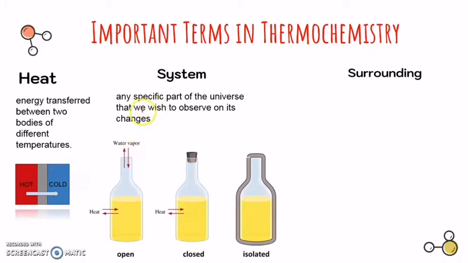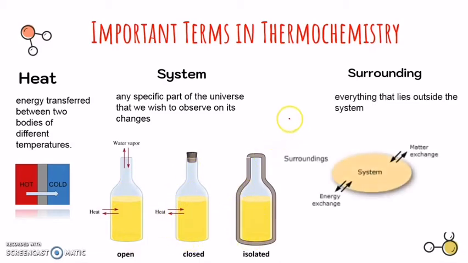The second one is about the system, which is any specific part of the universe that we wish to observe on its changes. We have open system, we have closed systems, and we also have isolated system. And the third one is about the surrounding, the everything that lies outside the system. You can see from the diagram, the surrounding is outside the system.